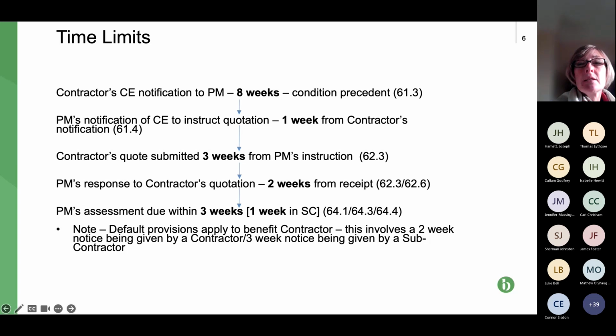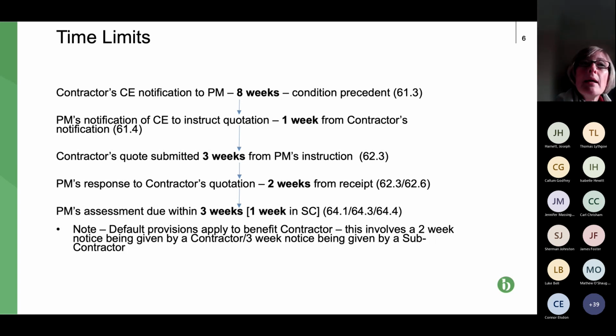Please provide something different. Or it could be that the project manager says, I'm rejecting it and I am going to now proceed to make my own assessment. So I'm going to set out what I think the value of the CE is. And that's the next line in the slide, where the PM makes an assessment.